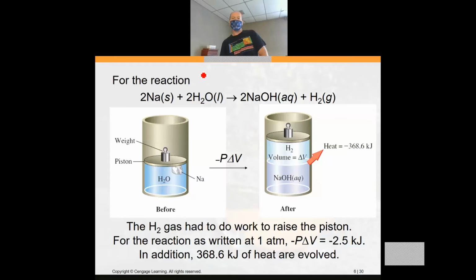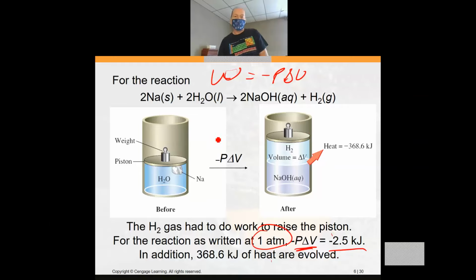All right, so when we talk about work, work is equal to negative P delta V. Work is going to be moving this piston up and down. The hydrogen gas had to work to raise the piston. So for this reaction at 1 atmosphere, negative P delta V was equal to negative 2.5 kilojoules.